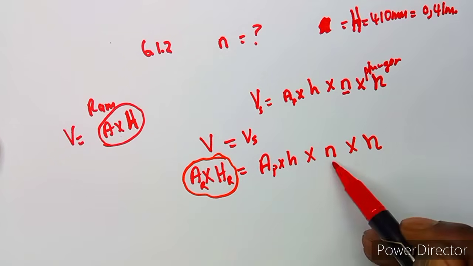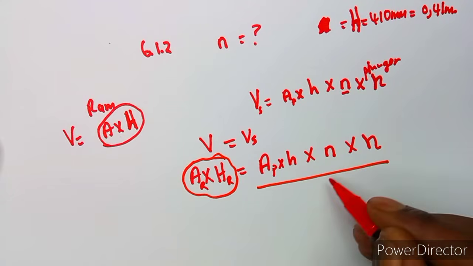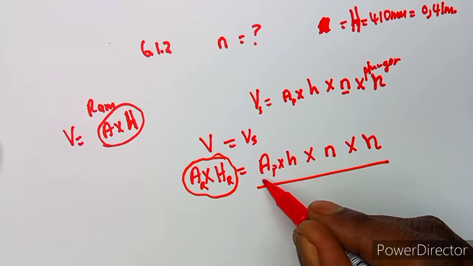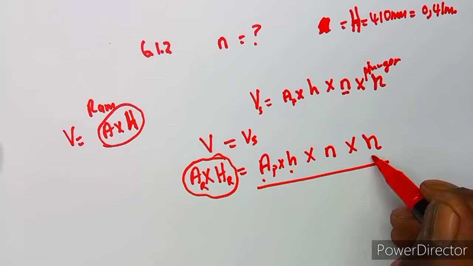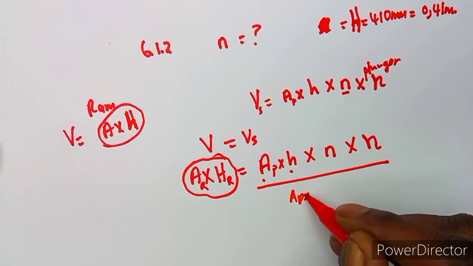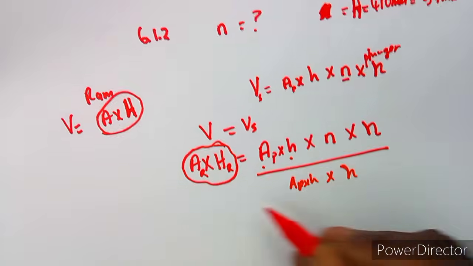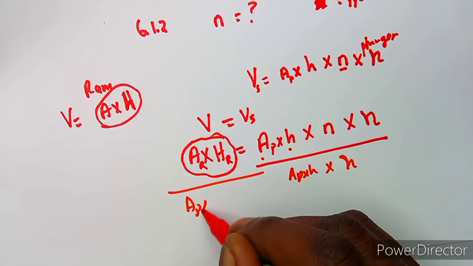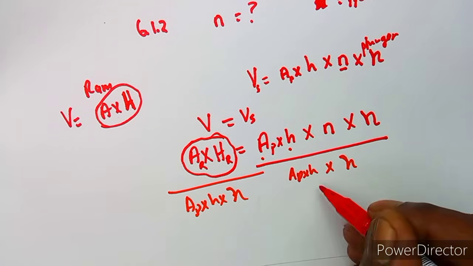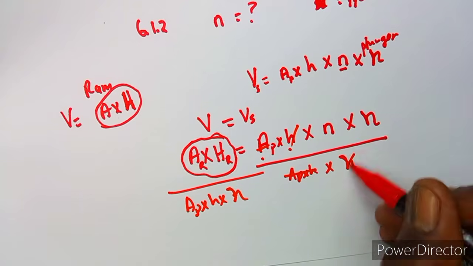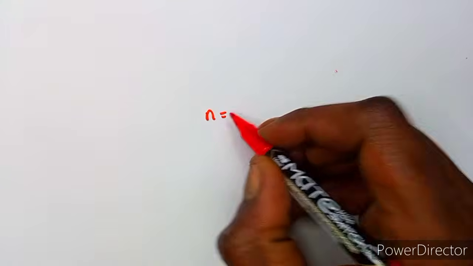So to find this N, I can divide by area times the height times the efficiency on both sides, and I'll remain with N, which is the number of pumping strokes.